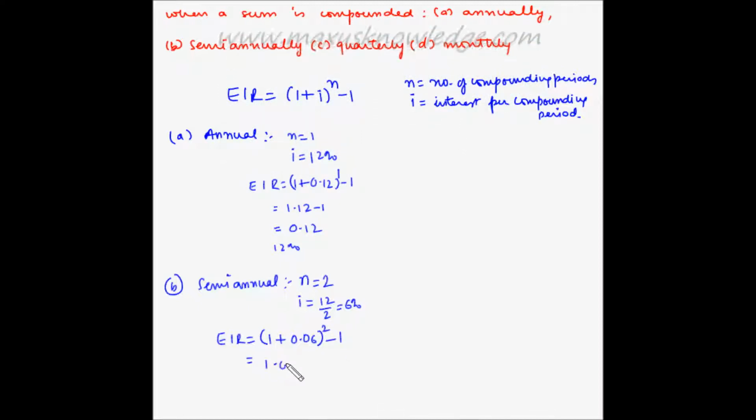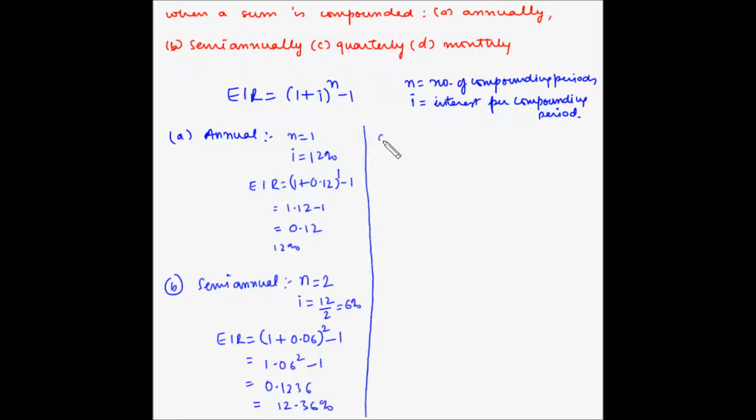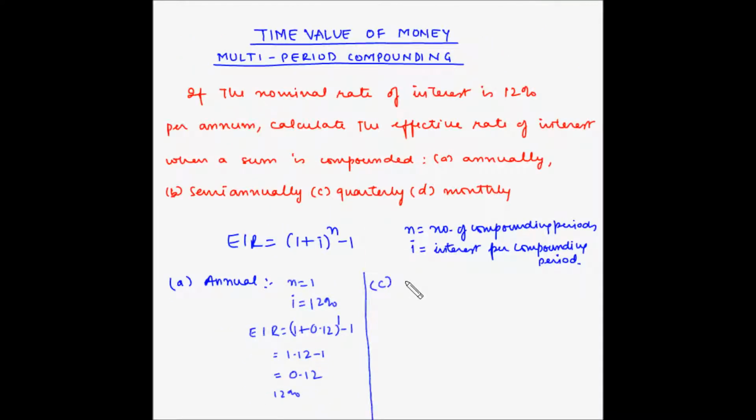So 1.06 squared minus 1. So this is equal to 0.1236, which is basically 12.36%.